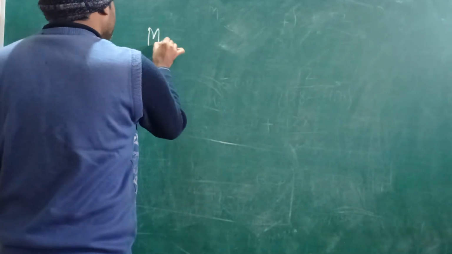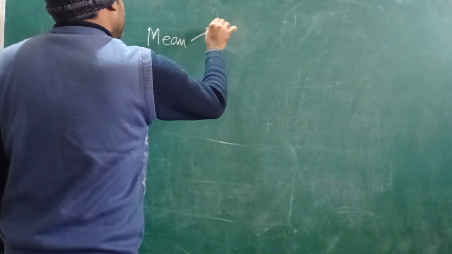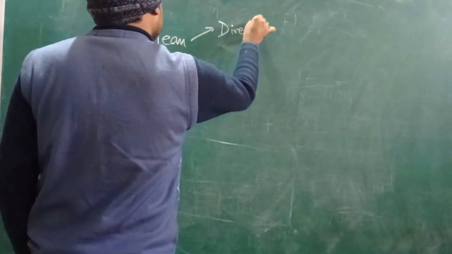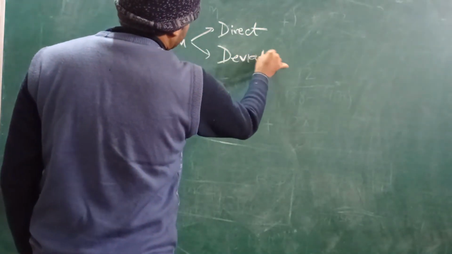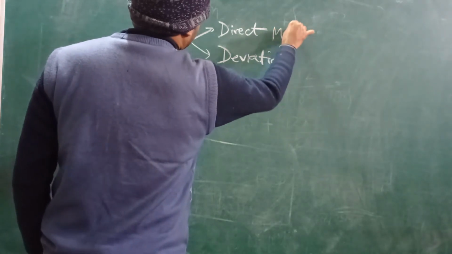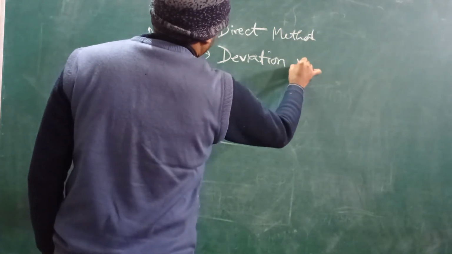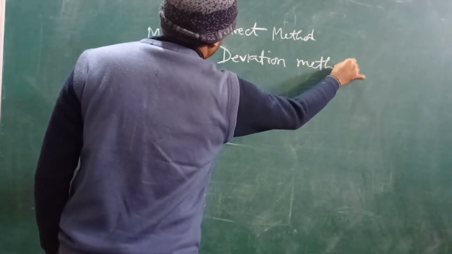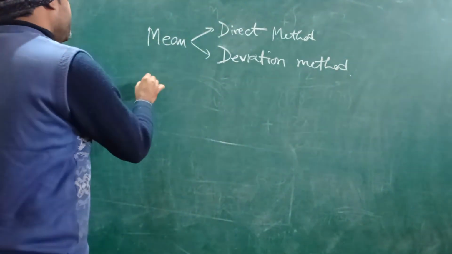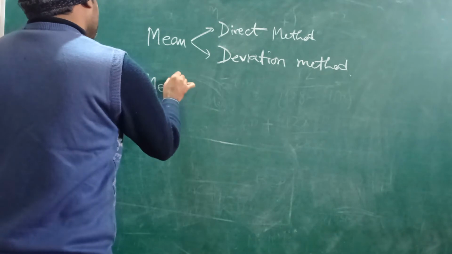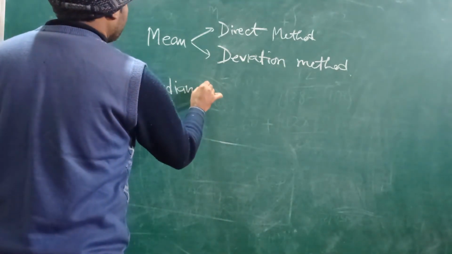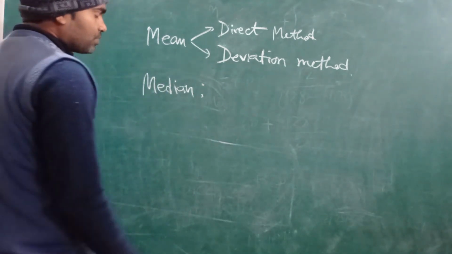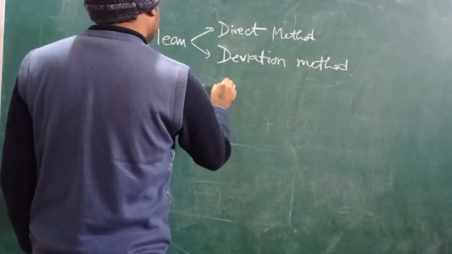According to the latest syllabus, you should study the direct method and deviation method for finding the mean. You should also know how to find the median of a given class interval.